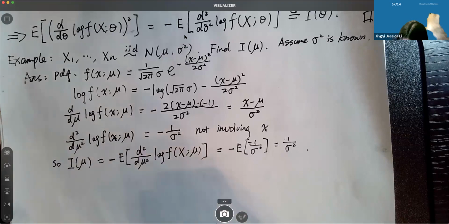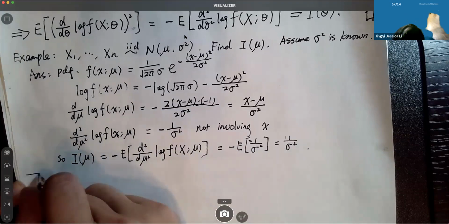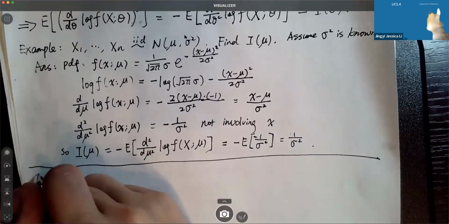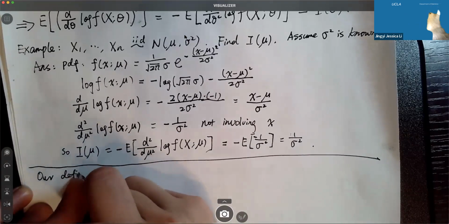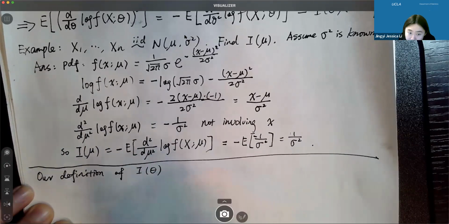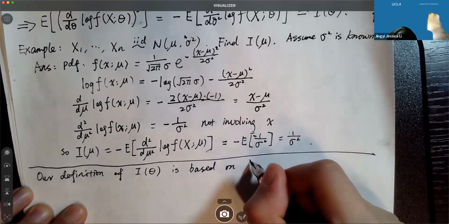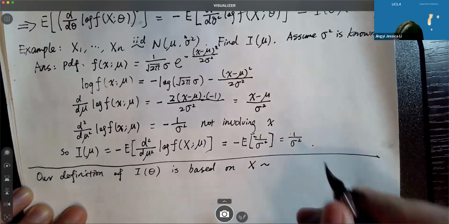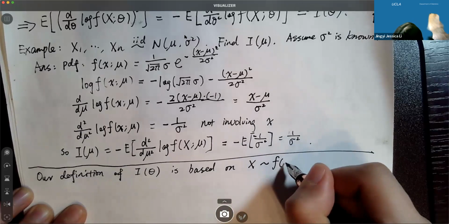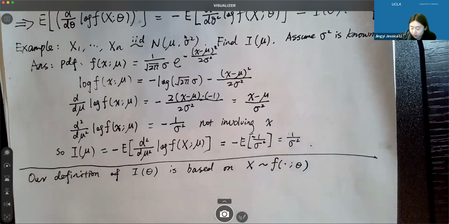All the Fisher information we've defined so far, our definition of this Fisher information is based on one random variable x from a distribution f, specified by theta. So this is the density function, and I just leave out the argument. It can be any notation, but that's the density function f, given theta.